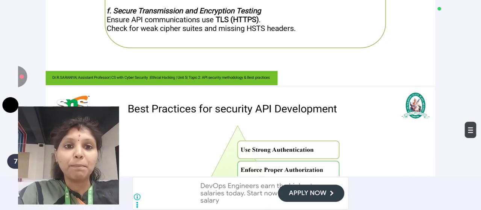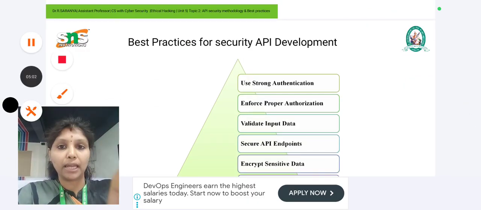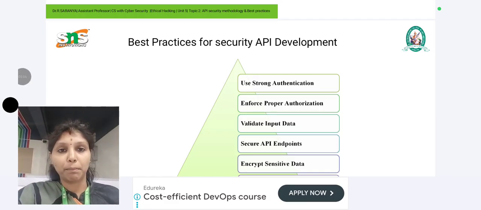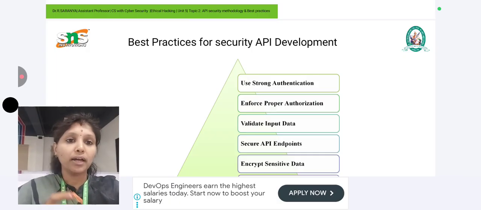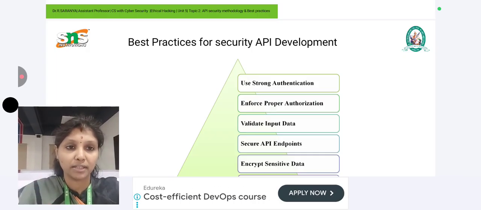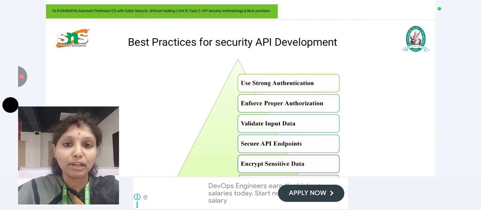Now let us see the best practices for secure application API development. We have the main best practices in order to develop the API in a secure way. We have to use strong authentication and authorization processes, and then validate the input data effectively.